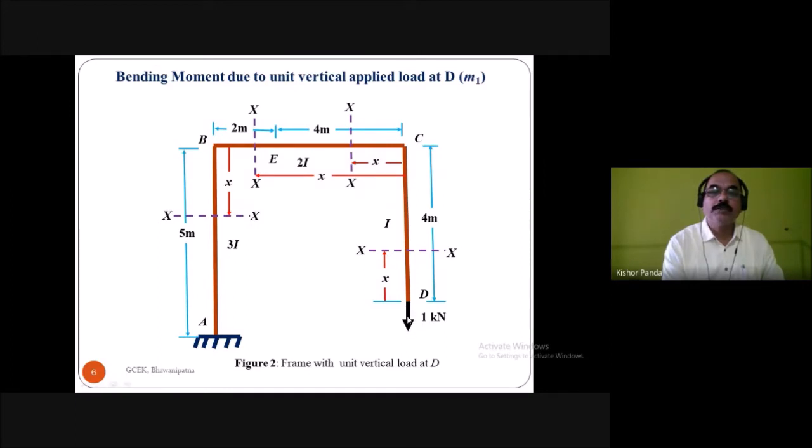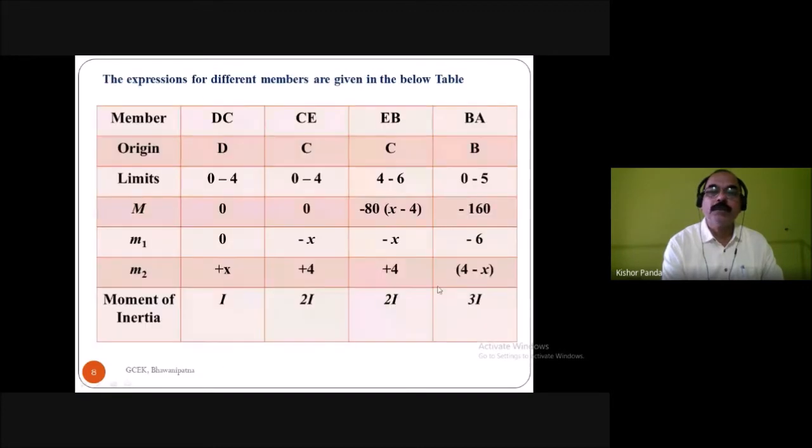Due to the unit force here, the perpendicular distance is 6 meters. So when you take the moment of this force, it is minus 1 into 6, so here it is minus 6.